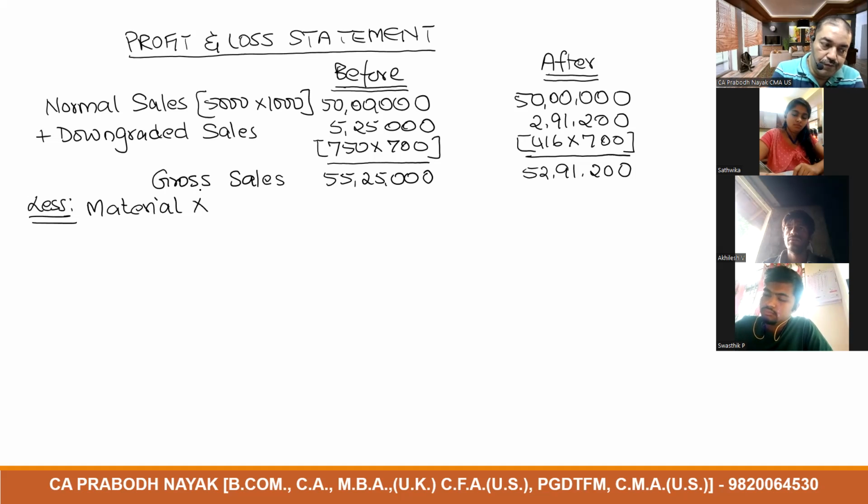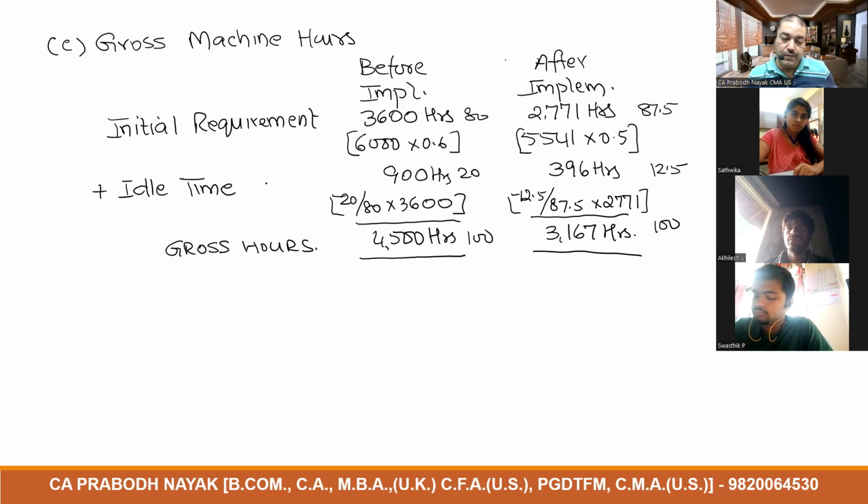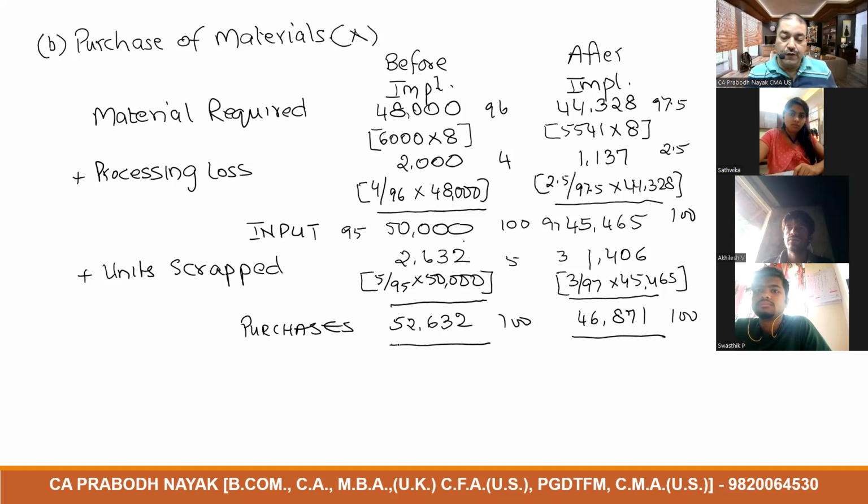Material X cost. How many units are purchased? Look at these figures now, you've already got the figures. 52,632 is purchased. After implementation, 46,871 is purchased. What is the purchase price? 40 rupees per unit.